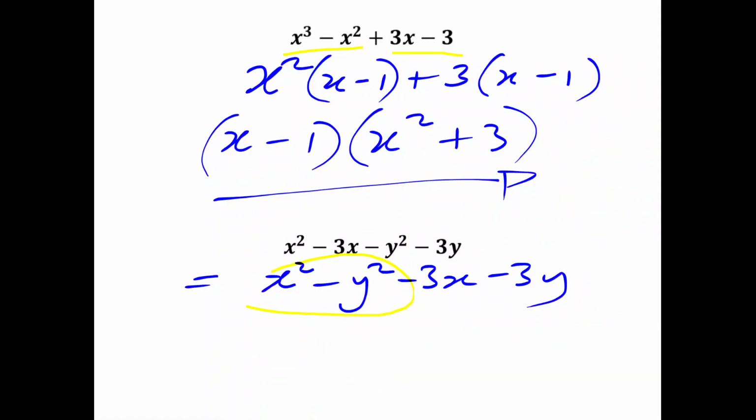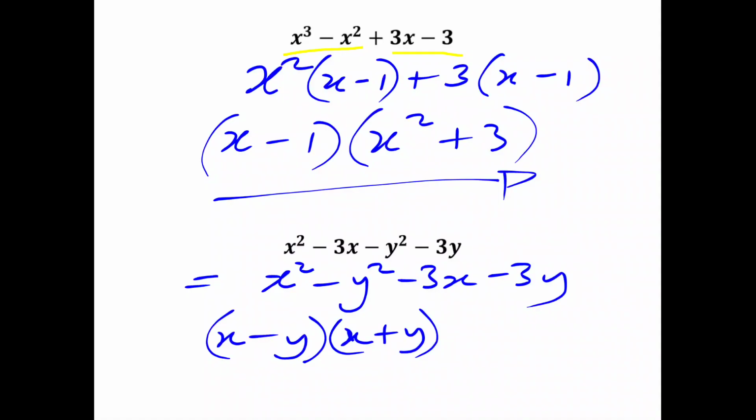Since it's a difference of squares, we're going to apply the difference of squares rule and say 2 brackets, square root, plus and minus. And then say minus the common factor of the other binomial, which is 3. Then we are left with x plus y.